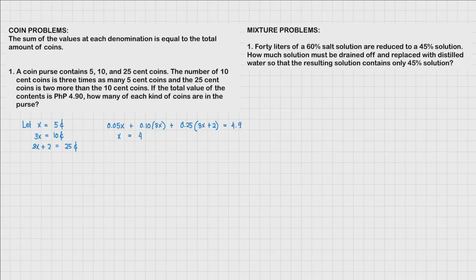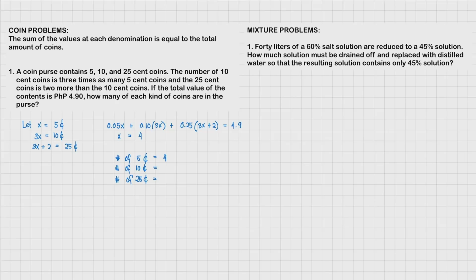Let me write it down here: number of 5-cent coins, number of 10-cent coins, and number of 25-cent coins. So let's just summarize it. For the number of 5-cent coins, we have x, which is 4.